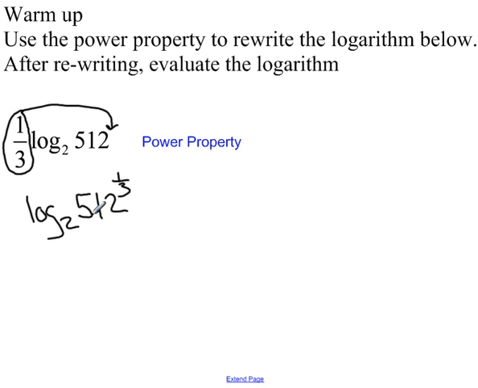So 512 to the 1/3 power, that's going to give us 8. So we get log base 2, 8.